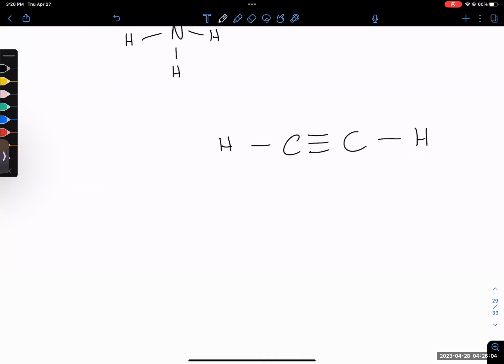So for a triple bond, would the pi bond be a 2p? There are two pi bonds, and they're each p orbitals, and technically for carbon, they are, I don't want to confuse you, coming from the second energy p subshell, so 2p orbitals.